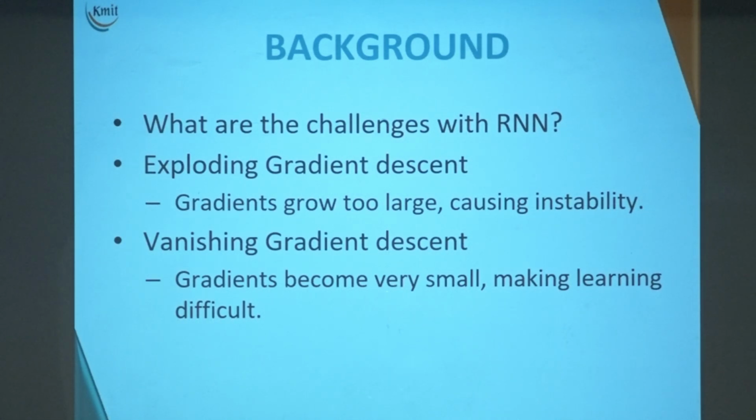So what is happening? Are you updating? Are you learning? Learning stops. Understood? So this was the problem that RNN was facing. There were two challenges: one was exploding gradient, which to some extent is manageable. The most crucial was vanishing gradient, in which the gradient became very small and learning became very difficult.